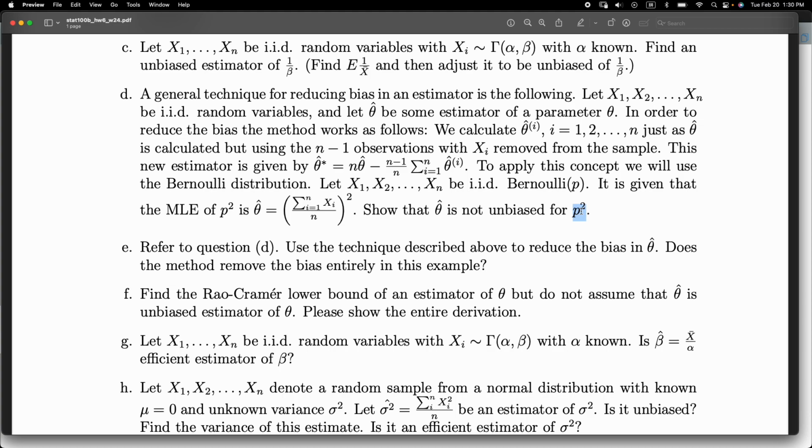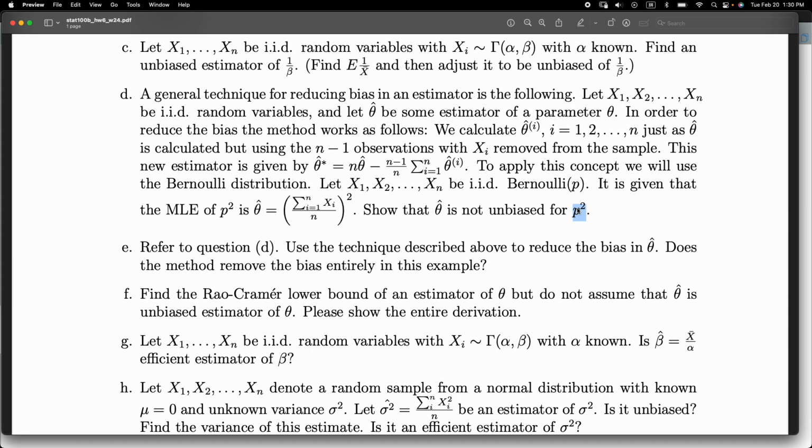We never know it. But someone thinks that this theta formulated in this way can be calculated from the data xi. So if you are able to calculate this from the data, then you can know something about p squared. That would be the underlying reason. But in terms of why is p squared, or what is p squared here, it depends on the question. Yeah.